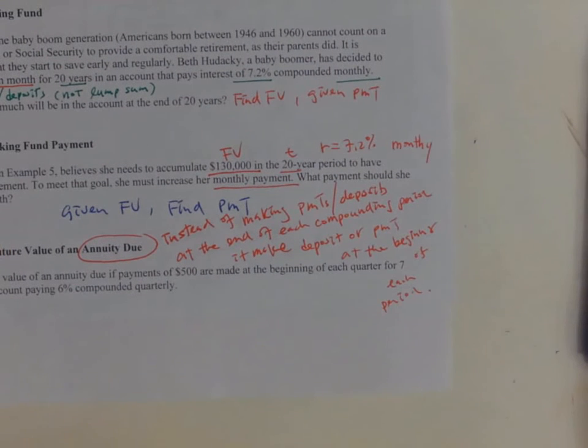So if you think about that, if you make the payment at the beginning instead of at the end of the month, your money is going to compound one more time compared to the regular formula, right?